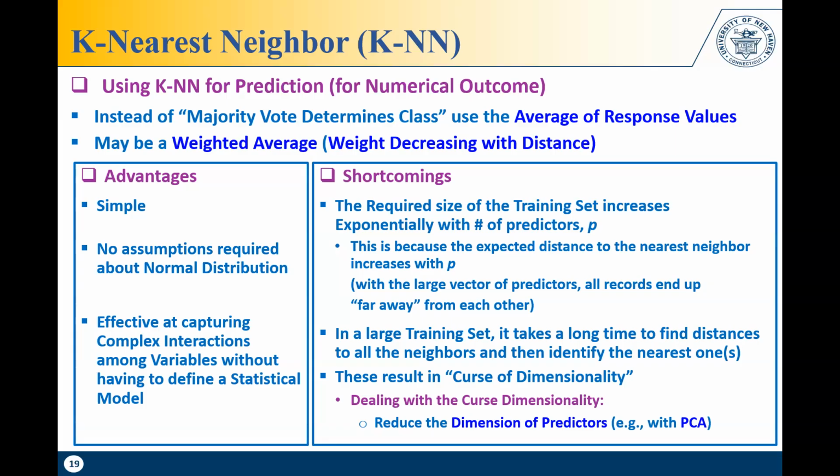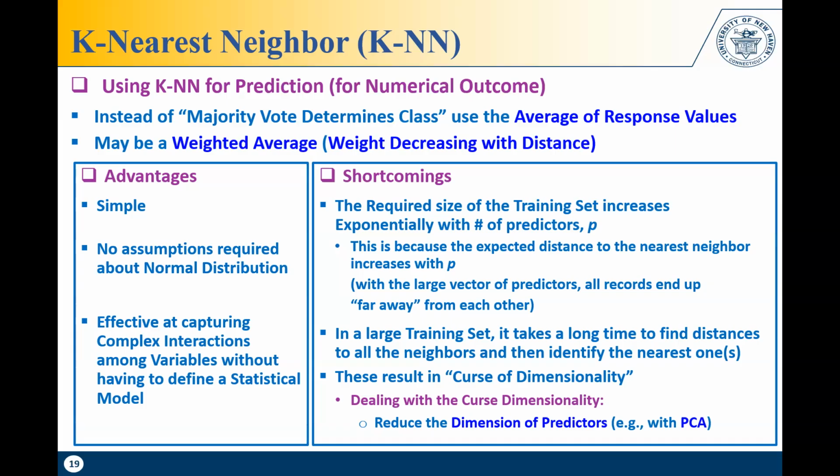And some of the disadvantages are the required size of the training set increases exponentially with the number of predictors. And this is because the expected distance to the nearest neighbor increases with p. Because with a large vector of predictors, if we have too many predictors, all the records end up far away from each other.